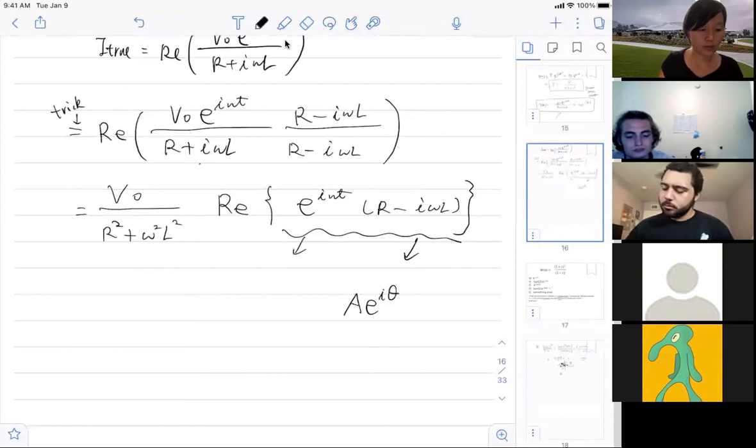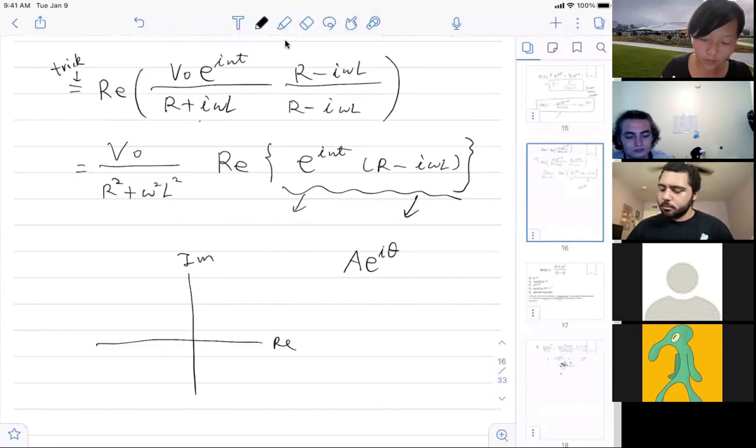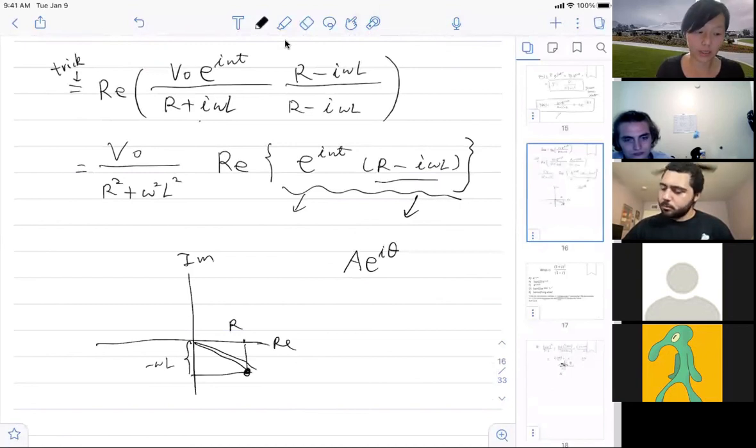You know how to do this, right? We draw a complex plane. And R is here. We do a negative omega L here. So this is represented by this dot on the complex plane. And I just need to know what is the angle theta or angle phi here.